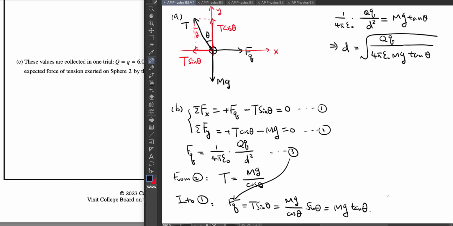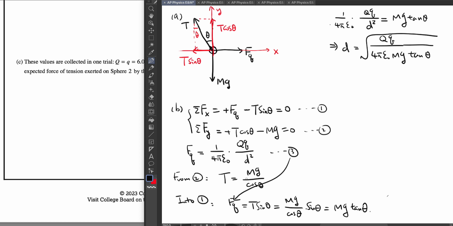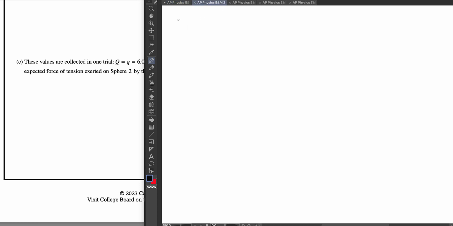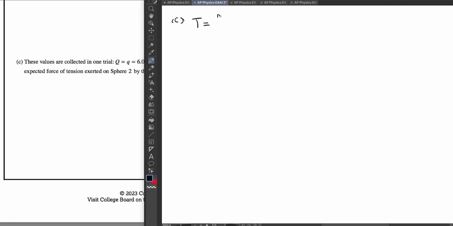So this question is not about the D or theta. It's actually about the tension force. So remember, tension force is mg over cosine. So for question C, the question is about tension force equals mg over cosine.